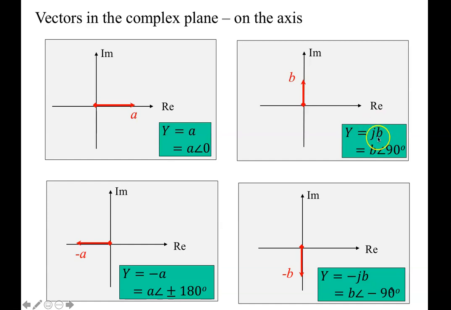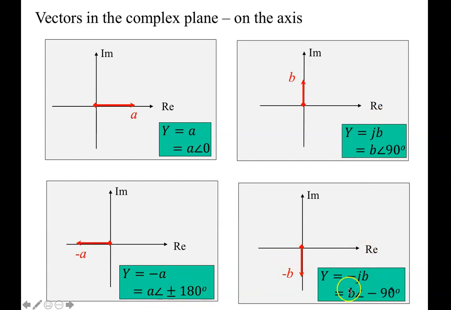That's the rectangular form. This is the polar form. Polar form comes with magnitude and 90 degrees. And the same for here. Minus A is the rectangular form, but A with an angle of 180 degrees or minus 180 degrees is the same number in polar form. And again, that's the one you can actually derive from there.